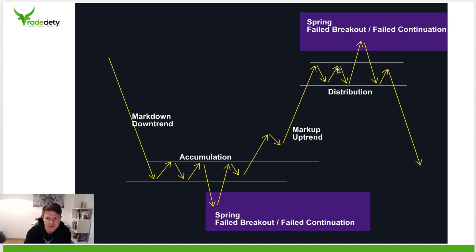The price falls back into the consolidation phase. And once it is clear that the uptrend was not continued, that the buyers were not strong enough to continue the uptrend, the sellers stepped in and drove the price back down into the distribution, then the trader would just wait for a breakout to the downside and then trade the new downtrend.